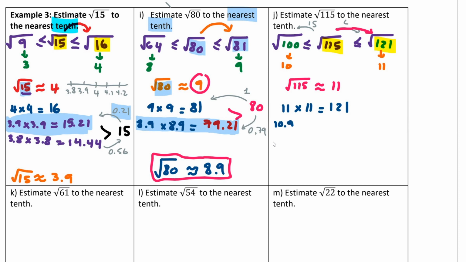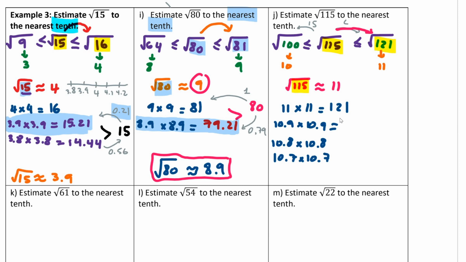Then 10.9, 10.8, 10.7, right? Times 10.9, times 10.8, times 10.7. What is our goal? Our goal is to get as close to 115 as possible. Okay, so let's do it.